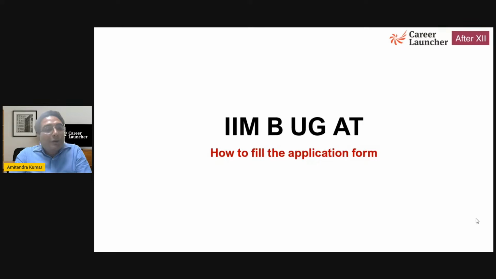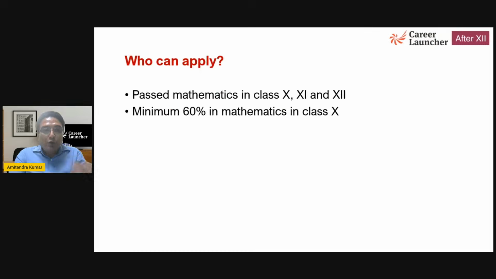Okay. But before we start and understand what exactly needs to be done as far as the application process is concerned, here is an important reminder. Only those students who have studied mathematics in class 10th and those who are studying mathematics in class 11th as well as class 12th are eligible to apply for both these programs.